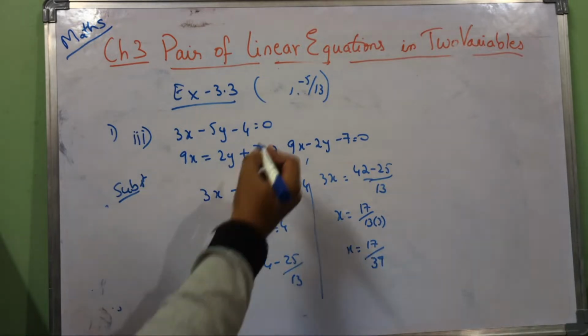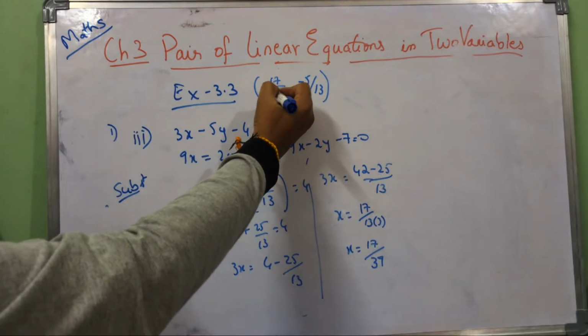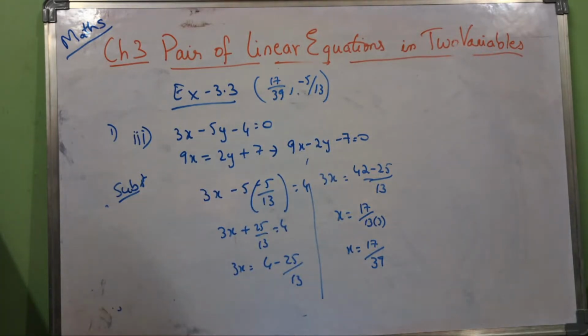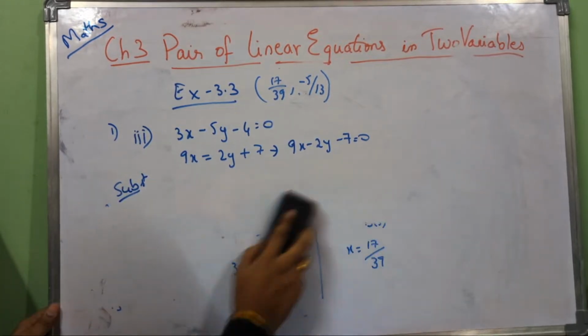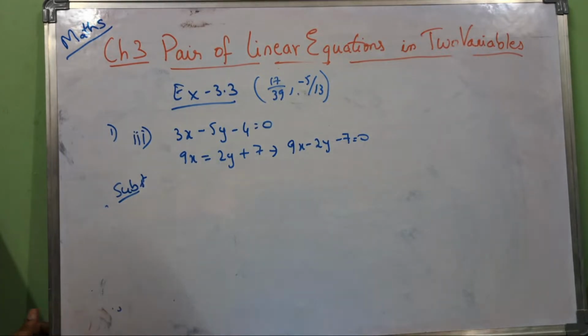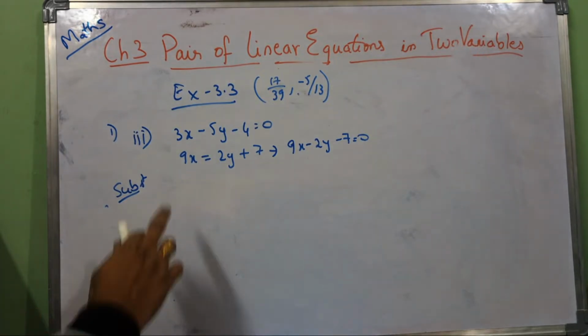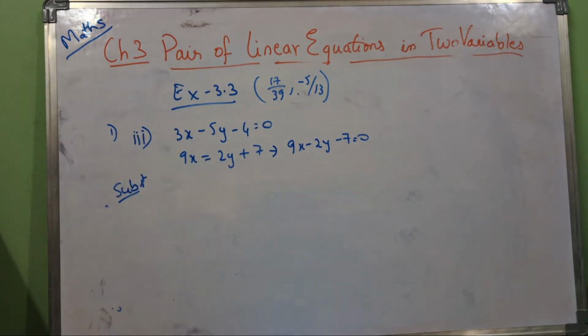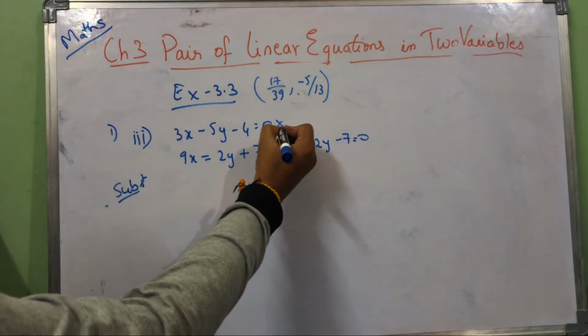Fine. Let's solve using elimination and check whether these answers are correct. So here 3x is there, here 9x is there. Simply by multiplying the first equation into 3, we can get similar to the third equation.